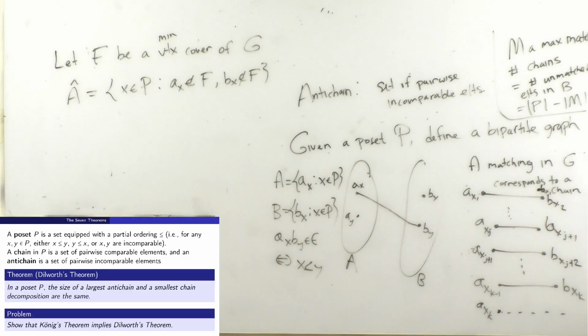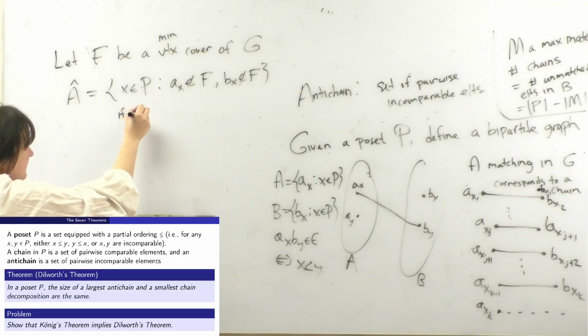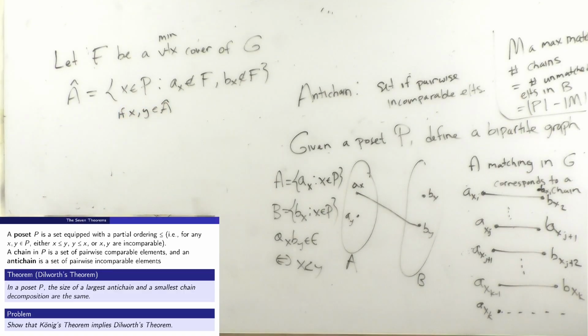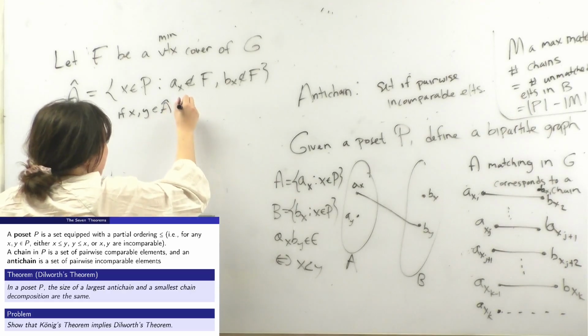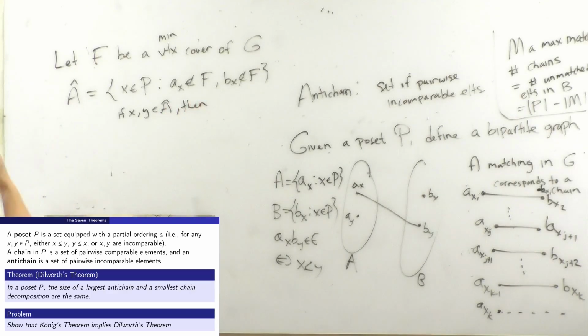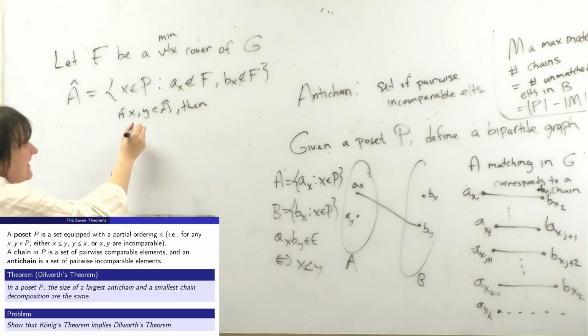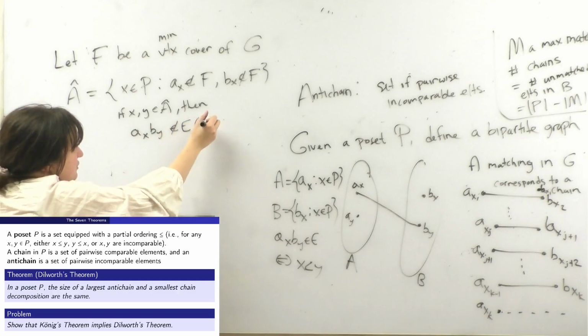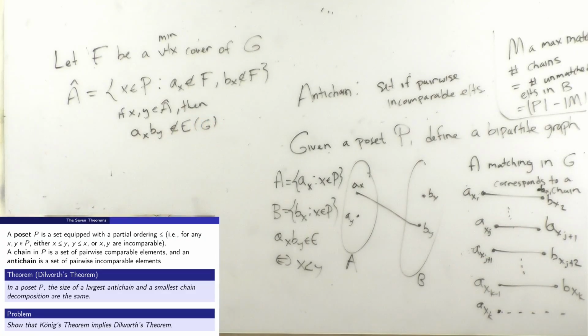So to say that that's an antichain, all we would have to say is if X, Y are in A hat and they're different, they're not related. Well, okay, but this is immediate. This F is a cover of all my edges. So AXBY can't be an edge because neither of its endpoints is in F by the definition of this A hat.